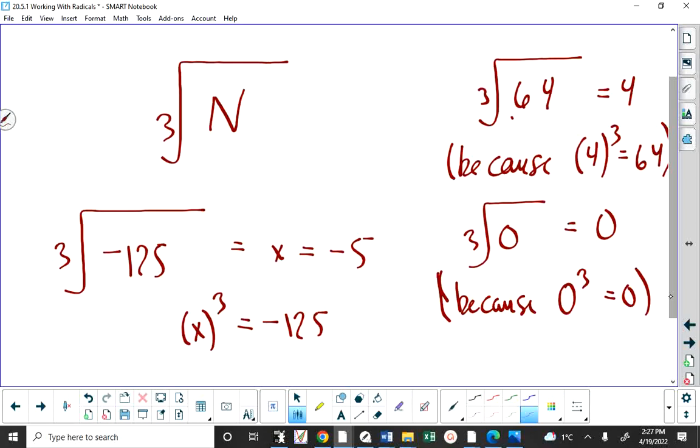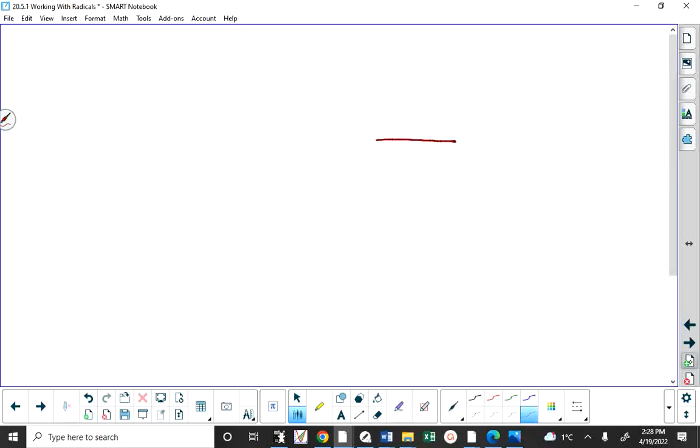So ultimately the answer to the question is, this is called an index. If this index is odd, you can take any root you want. But if it's even, you can't. For example, the fourth root of 16 is 2 because 2 to the 4 gives you 16, right?